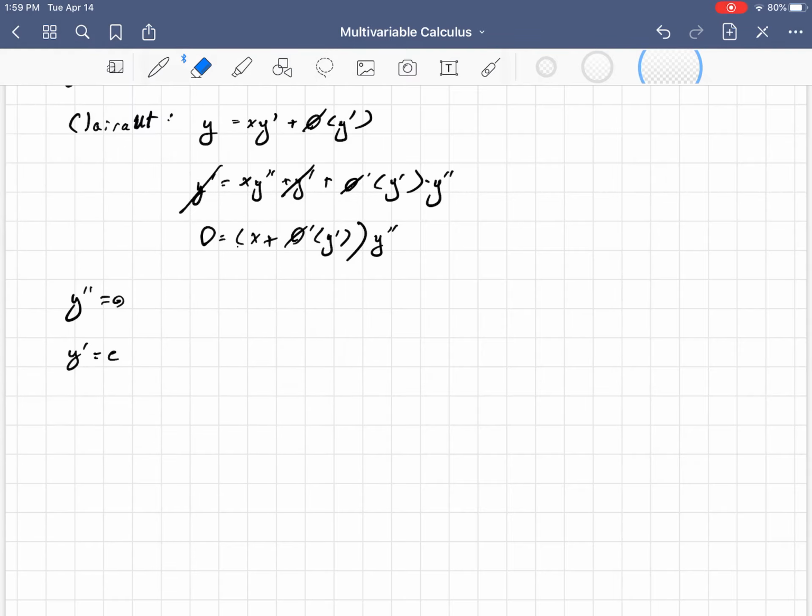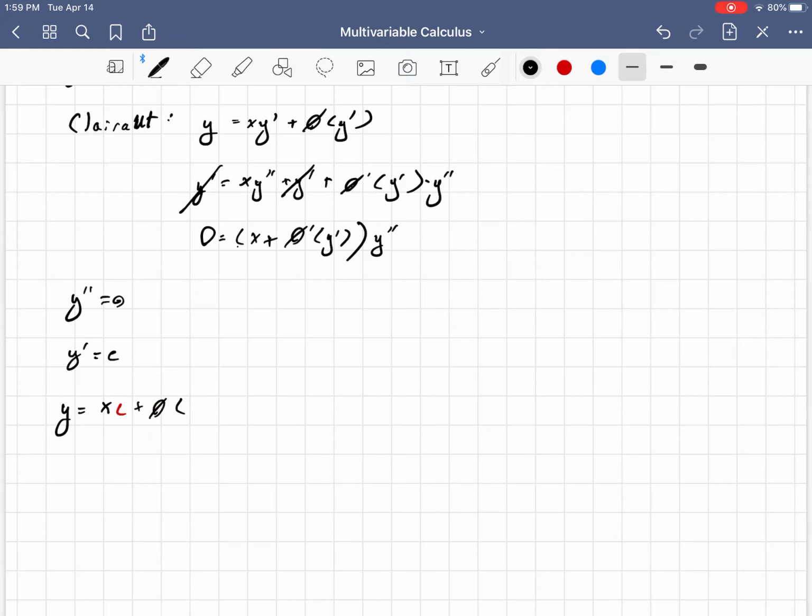Now, notice here, y is not going to be c sub 1 x plus c sub 2. It's actually going to be something different, because we already have the function solved for y, and we have a y prime here.